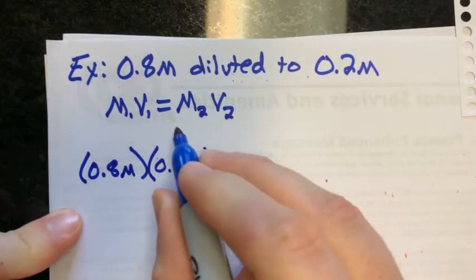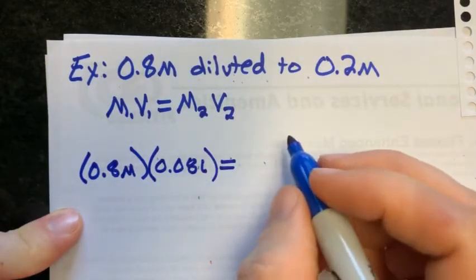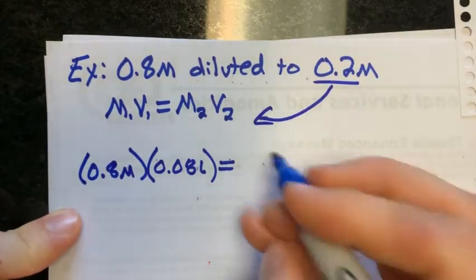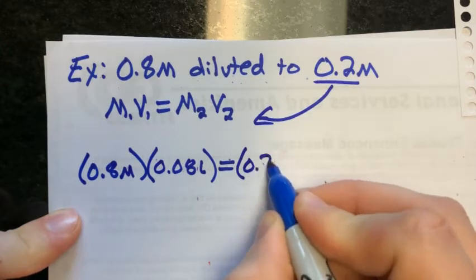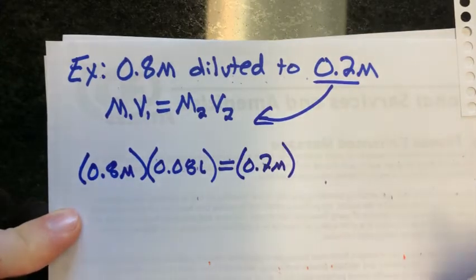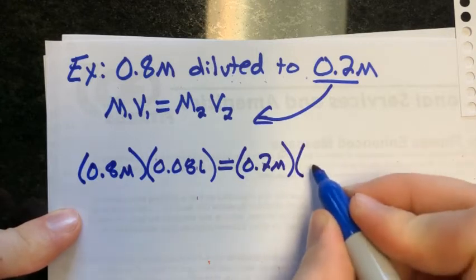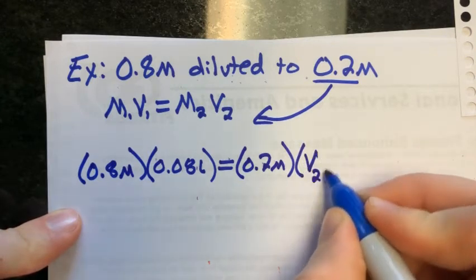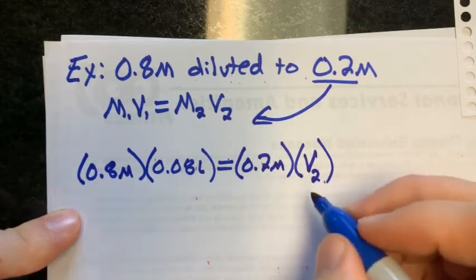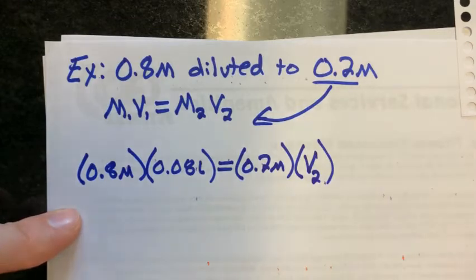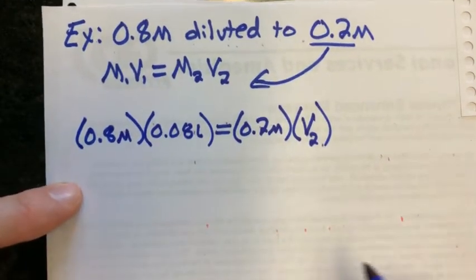And that's going to be equal to molarity times the volume afterward. So we'll start out 0.2 molar is what the concentration was afterward, and we want to find out what volume we would need to add to this. What is our final volume when we dilute this solution?